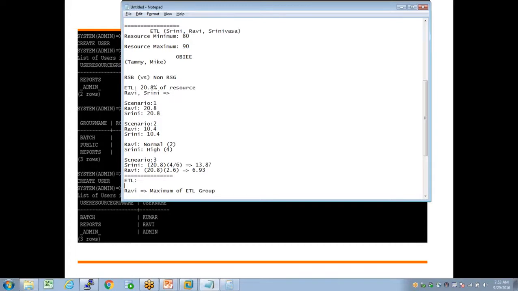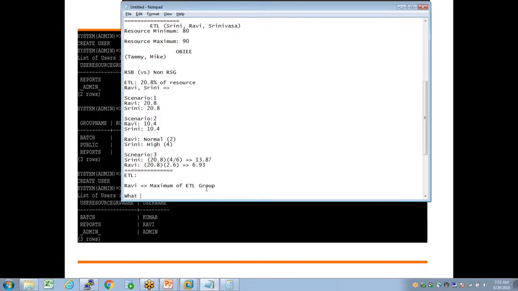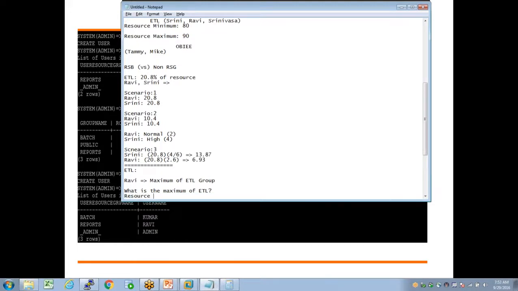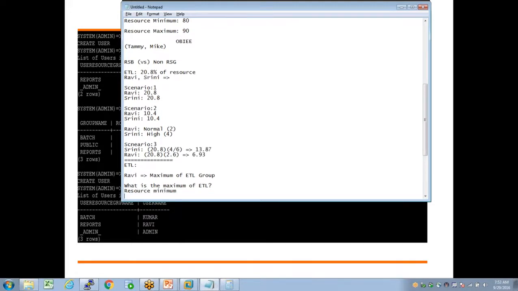Now, what is the maximum of the ETL group? At any point, you can't go beyond your ETL group maximum. But will that maximum of ETL exist dynamically because no other groups are in the system? What is the maximum of ETL? That is decided by resource minimum and resource maximum.